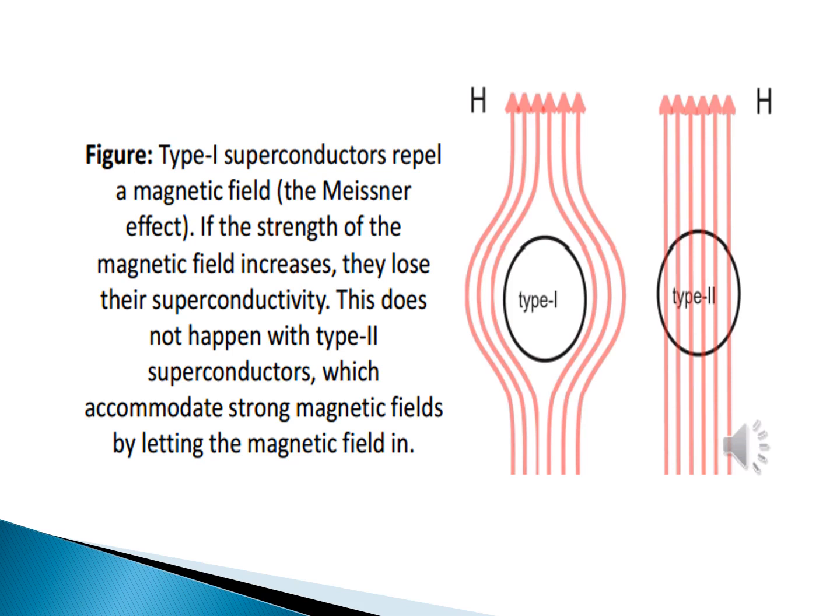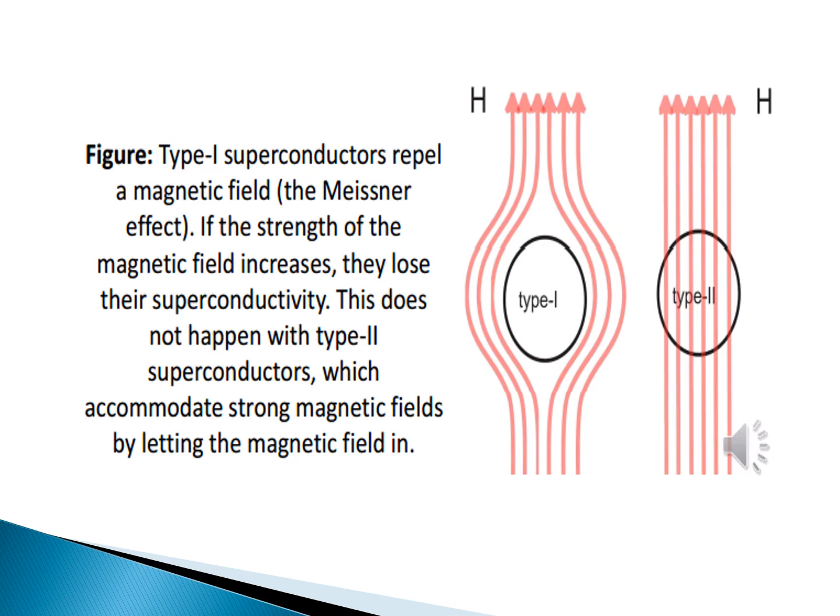In this figure, the type 1 superconductor repels the magnetic field lines, and type 2 does not repel the magnetic field lines.